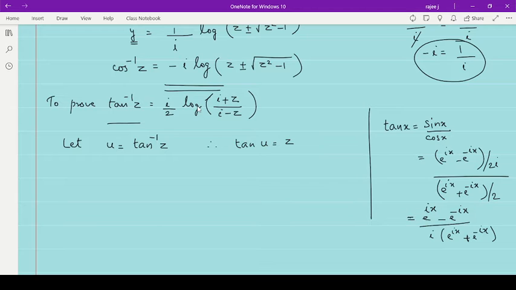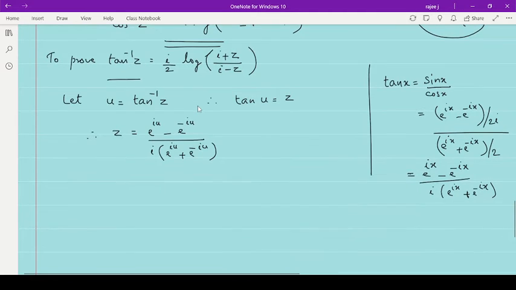So using that, z is equal to tan u, which means z equals (e raised to iu minus e raised to minus iu) divided by i into (e raised to iu plus e raised to minus iu). Now we need to simplify this a little bit.